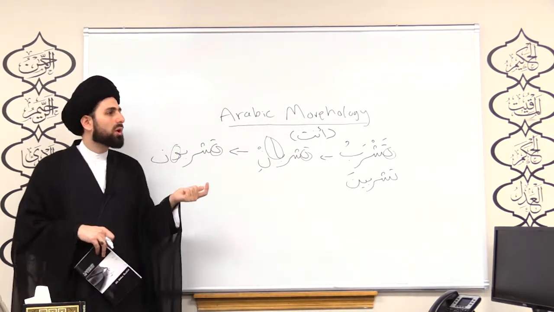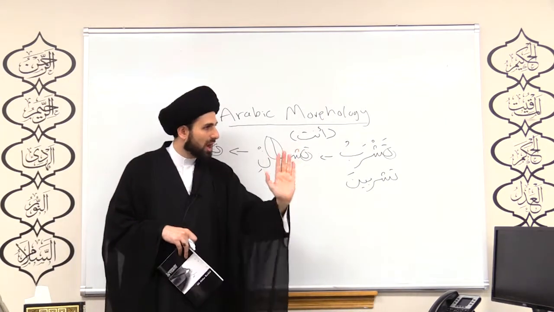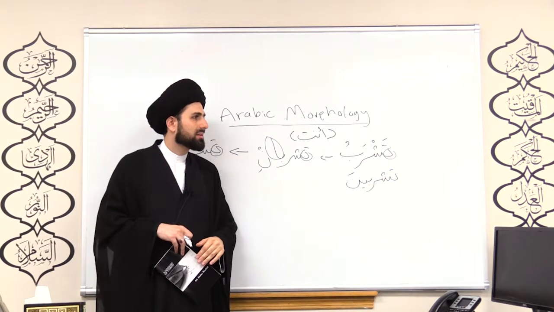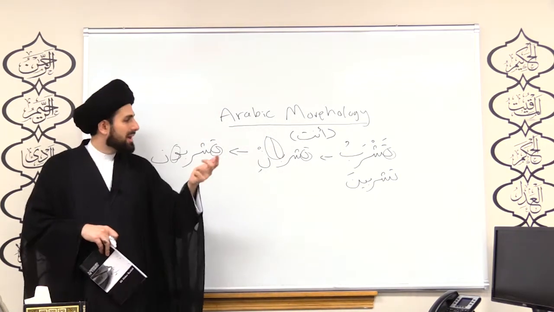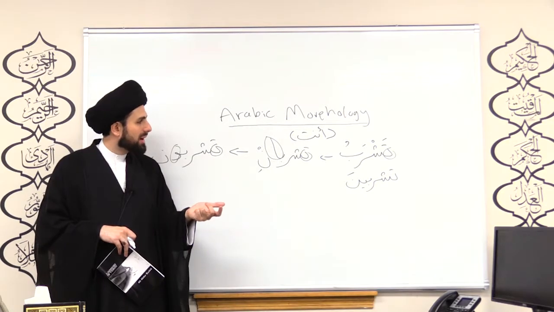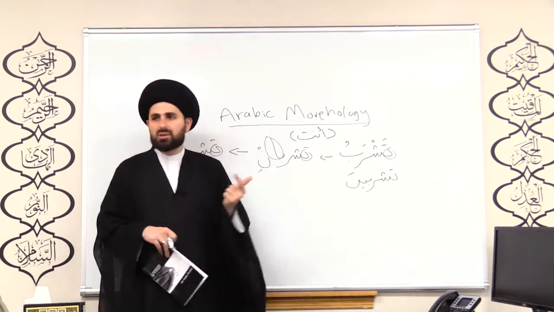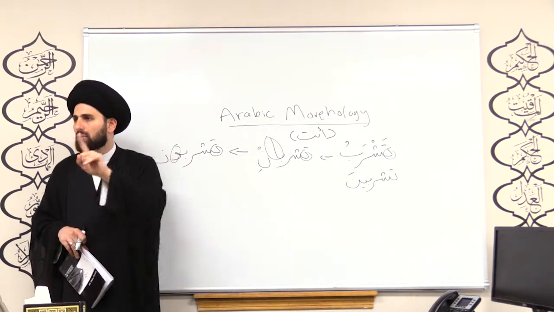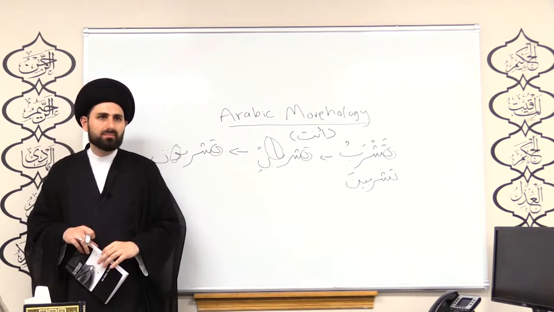Okay, number 3, what do we know about this? No, this is not dual. This is singular. You're talking to a female and you're telling her you drink. So second person, we said the ta is the sign. And it is feminine, and we said the sign is the ya. What else? It's a present tense verb. And the last thing, it's singular. You're talking to one person. It's not dual or plural.